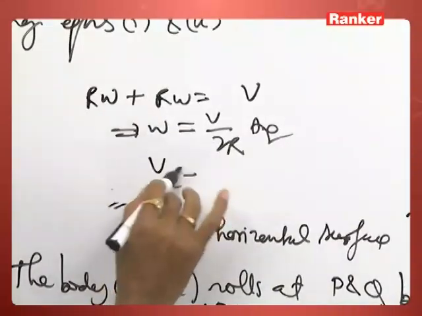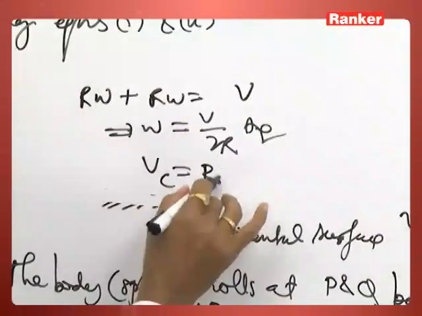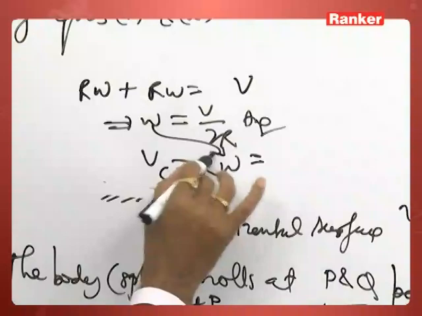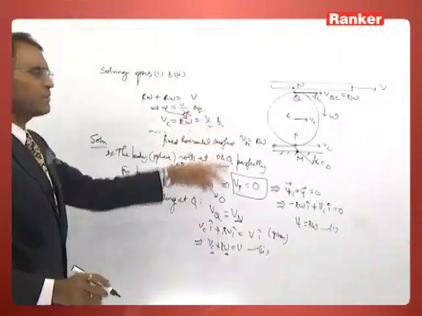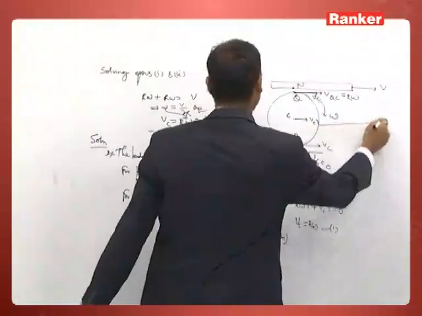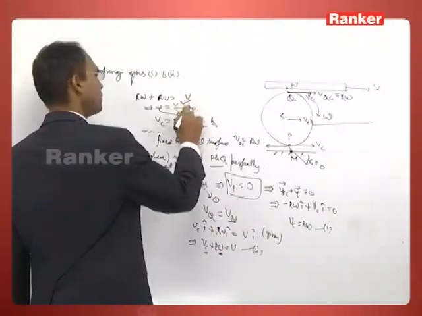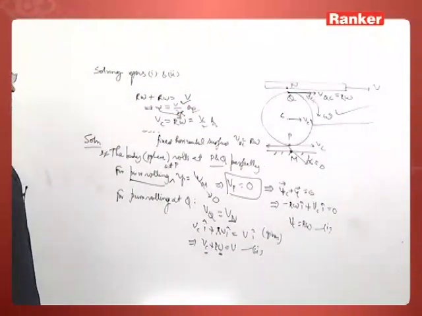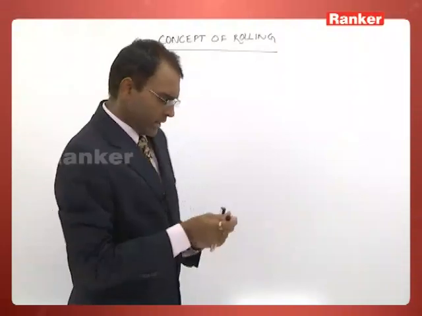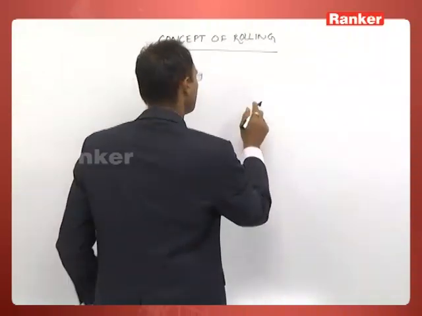And Vc is equal to r omega, you substitute omega, that's equal to V by 2, answer. So Vc equal plus V by 2, our assumed direction is correct. Omega is plus V by 2r, our assumed direction is correct. This is a nice problem. Let us take another example.